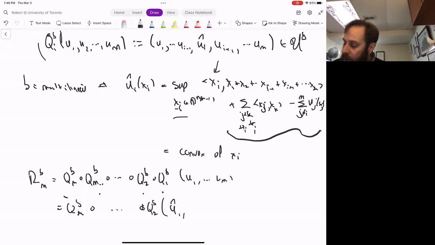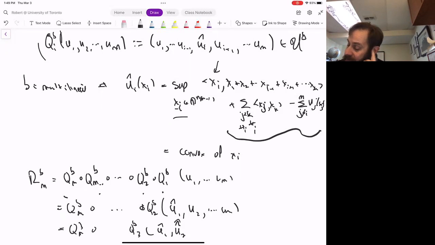I'll have replaced u1 with something depending on the other guys. And then at the next step, I'll have replaced u2, this will be q3b. I'll have replaced u2 by a u2, I don't know if hat is the right notation or not, so maybe I should do double hat or something, because this u2 is indeed a hat operator, but it doesn't start from the original guys, it starts from the original guys with u1 replaced by u hat.